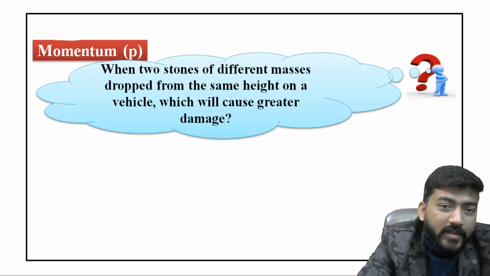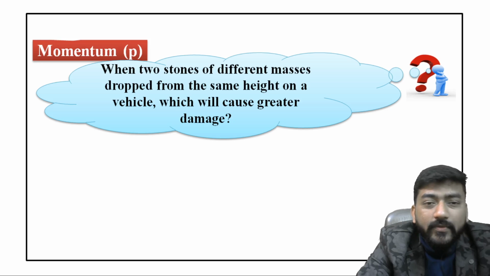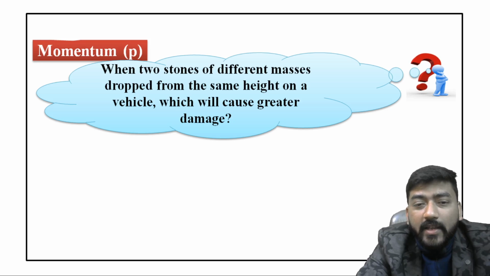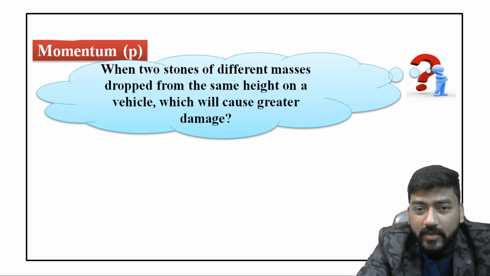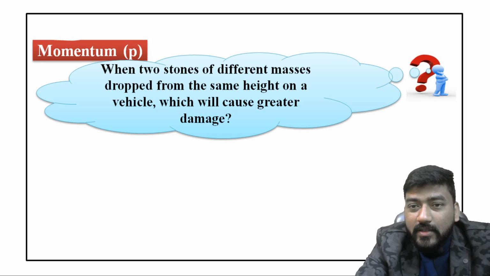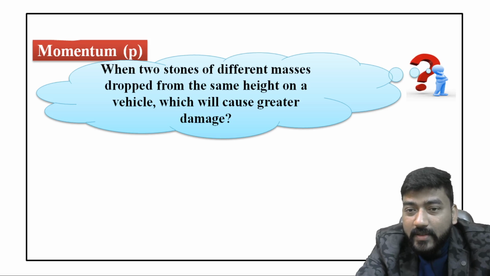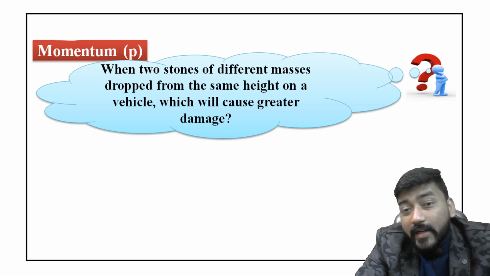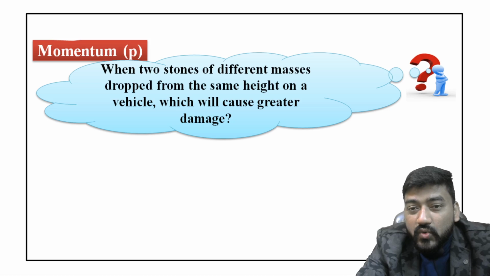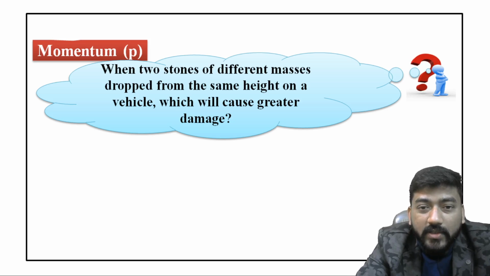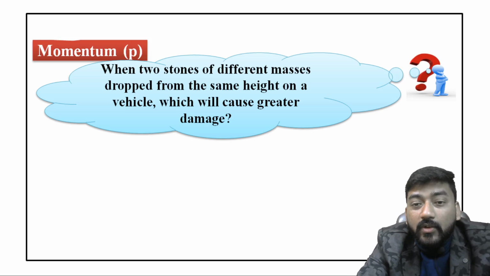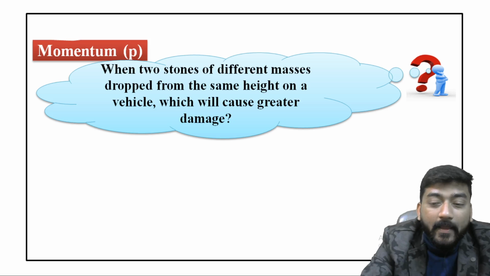Suppose two stones of different masses are dropped from the same height on a vehicle. Please keep in mind that the stones are falling from the same height. Which will cause greater damage?